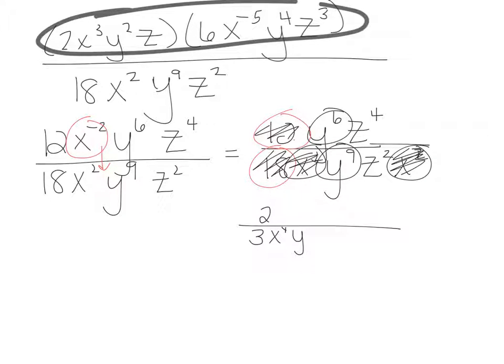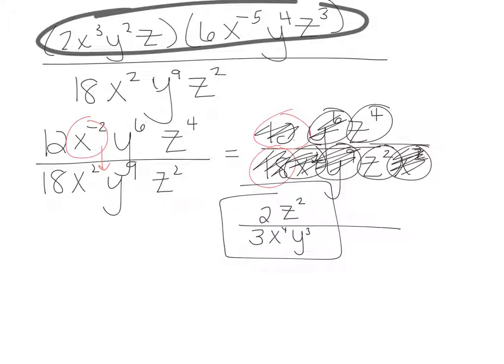The bottom. The exponent is 3. Look at my z's. The bigger z is on the top. The exponent is going to be 2. And I'm done. So hopefully everybody has practiced these enough and you're feeling confident, because we're about to move on to law number 6. Let's check out what that does.